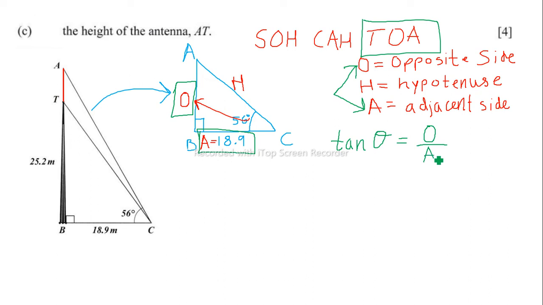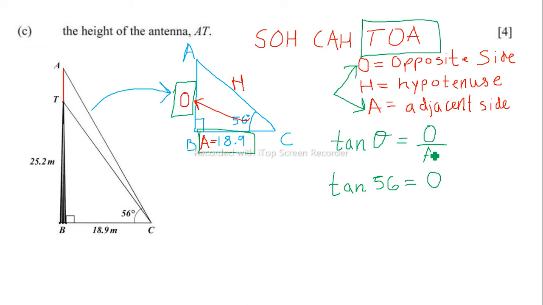So now we have that. What is theta? Theta is the given angle. What angle are we given? 56. 56 is the angle that we are given, and it's going to be equal to O over A. We don't know what O is, that's what we're trying to find.